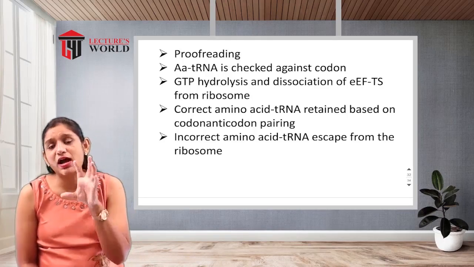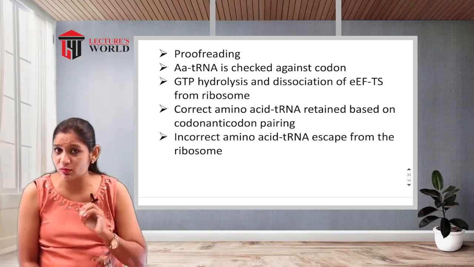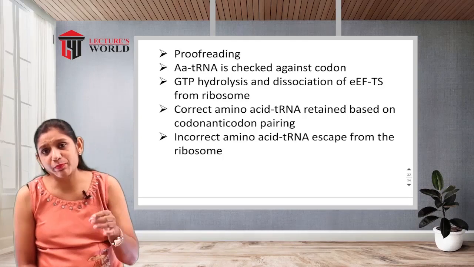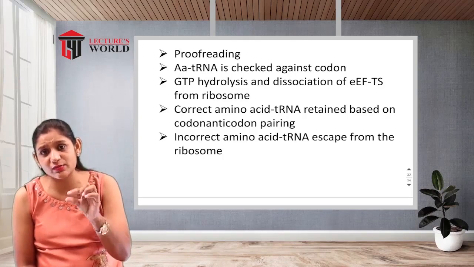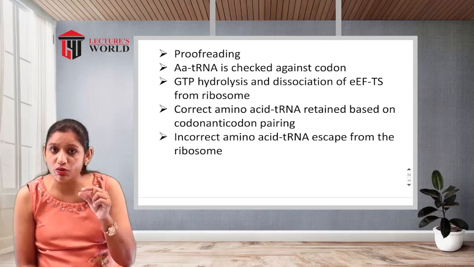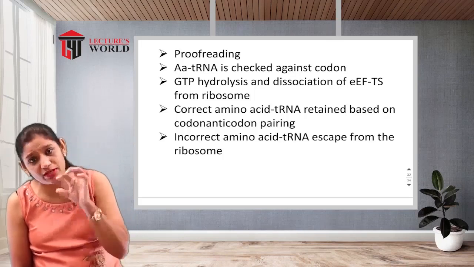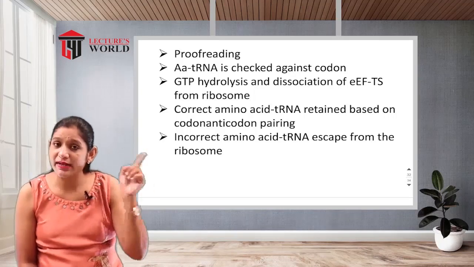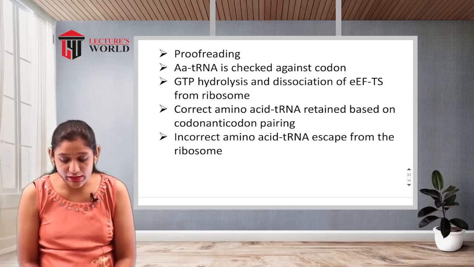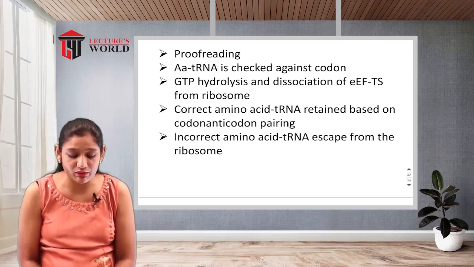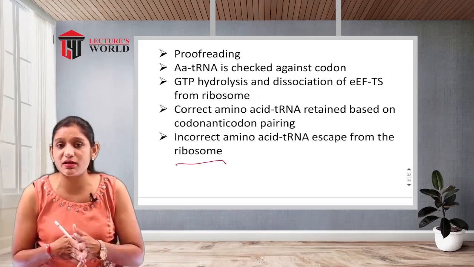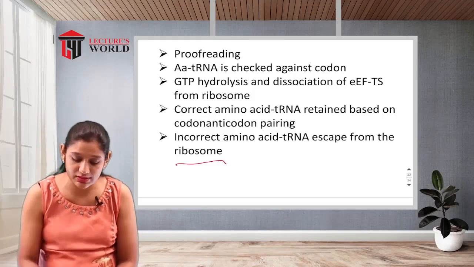These are all gathered into the ribosomal subunit cavity, and whatever mRNA sequence is observed, the tRNA with the matching anticodon sequence attaches and delivers its amino acid. Are you getting my point? Incorrect amino acid tRNAs escape from the ribosome if their anticodon does not match.